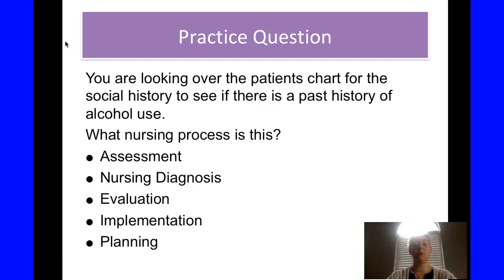You're looking over the patient's chart for the social history to see if there's a past history of alcohol use. What nursing process is this? So you're looking in the patient's chart for social history. That's going to be your assessment, because you're going in there and assessing to see if they have a past history of alcohol use.